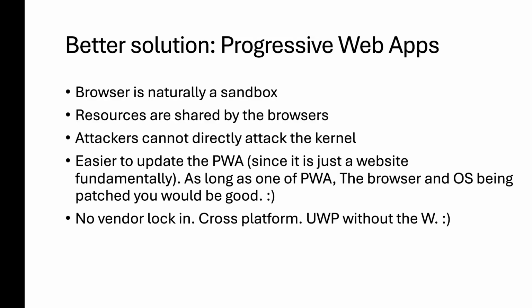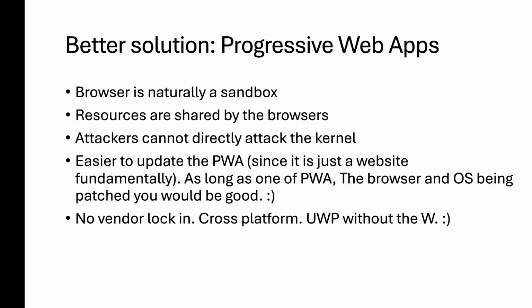And you can also easily update your PWA, because it's just a website fundamentally. As long as any of them, the progressive web app which is the website itself, the browser, or the OS, is patched, you are good. You have three layers of protection.